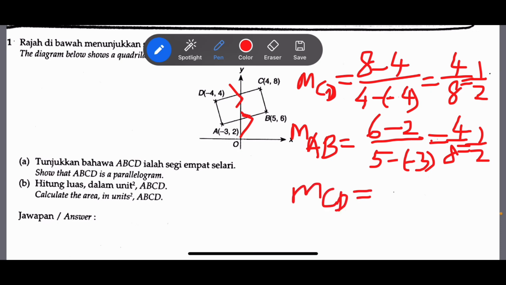So it means that these two lines have the same gradient and they are parallel to each other.